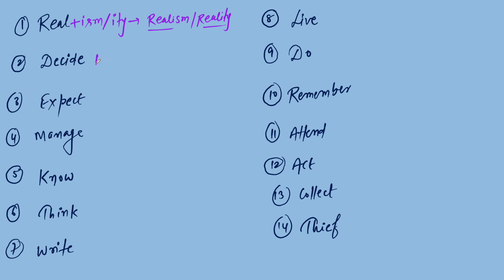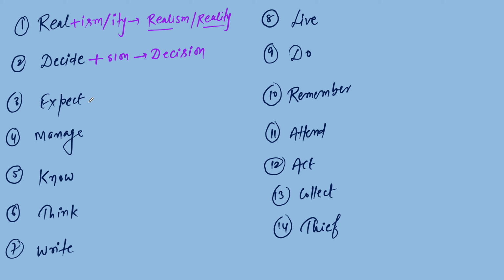So tell me, what should I add with this so that it will be converted into an abstract noun? Decide plus what? SION. Then it will be decision.